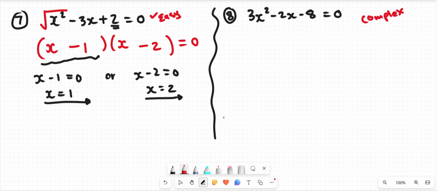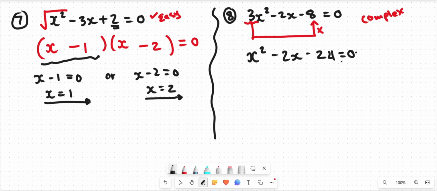So how do we solve these complex ones? We just take the 3 there and we multiply it across to the 8. So the 3 is going to multiply the 8 and it goes away from that x squared. If it goes away, the 3 times the 8 is a negative 24. And we end up getting something that looks like that.